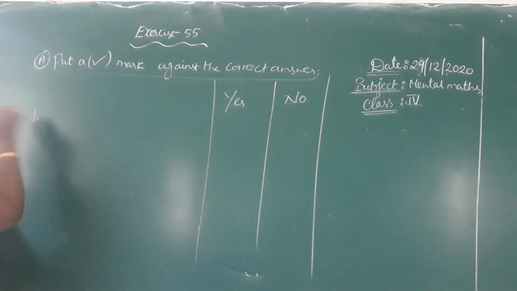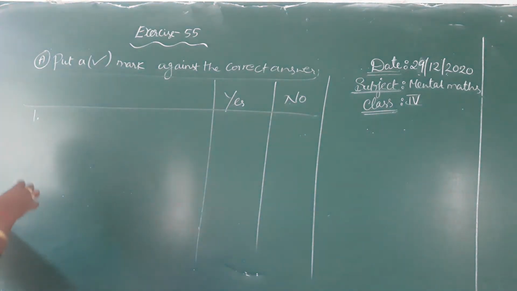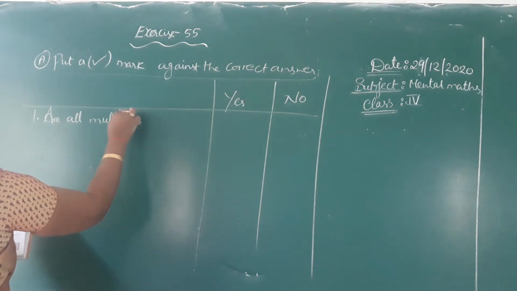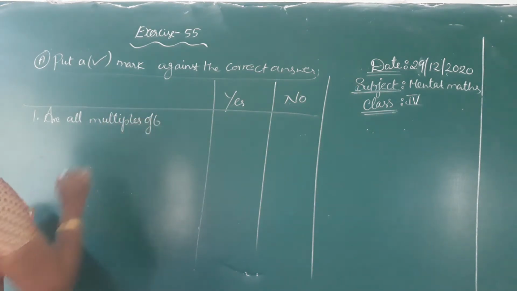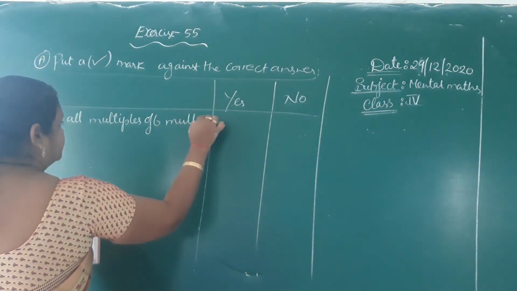See the first question in that. Are all multiples of 6 multiples of 2?